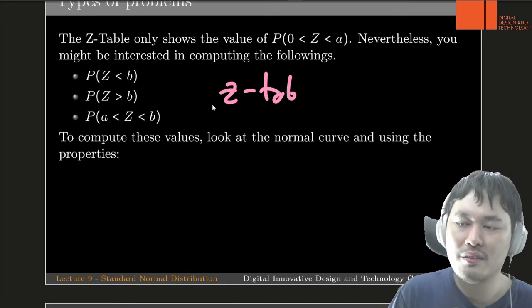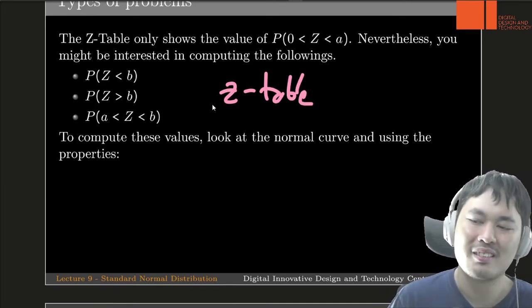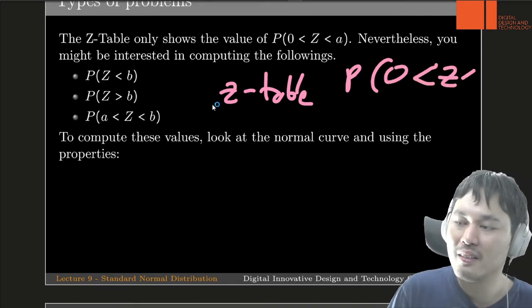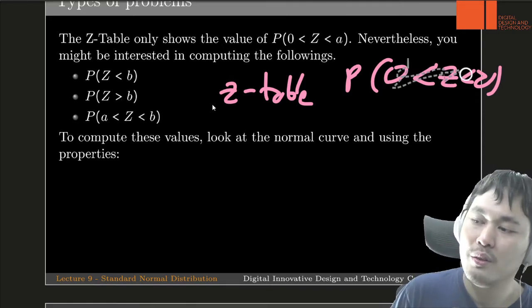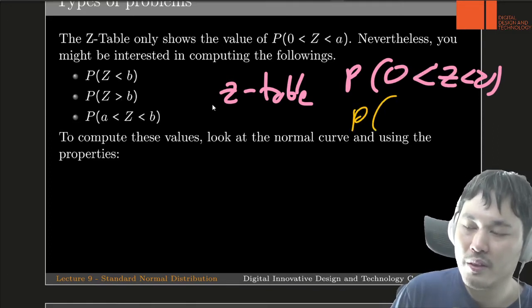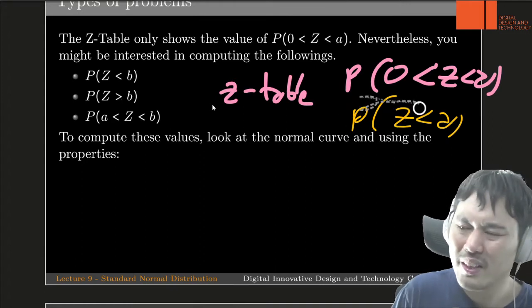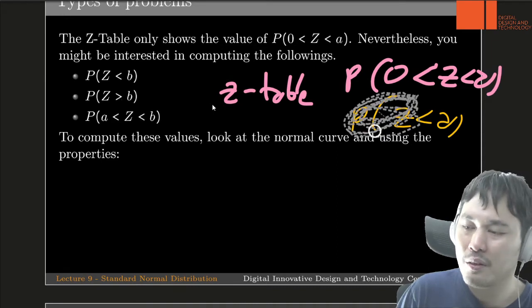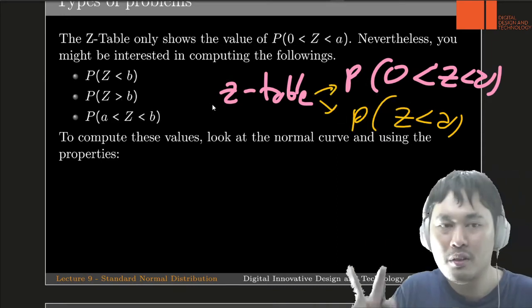I'm saying it's a z table, but there are actually two or three variations, depending on whether you want the table to represent the probability where z is between 0 and a, or the probability where z is at most a. That means it also counts the cases where z is negative. So there is no one z table.